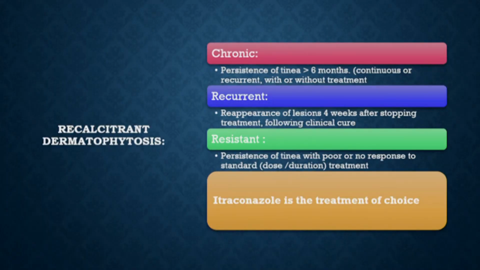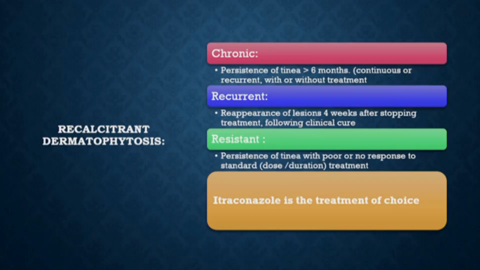Now, we all should know about recalcitrant dermatophytosis. Under this heading, there are actually 3 subheadings which we all should know about. One is chronic dermatophytosis, which means persistence of tinea or dermatophytosis for more than 6 months, either continuous or recurrent, with or without treatment.